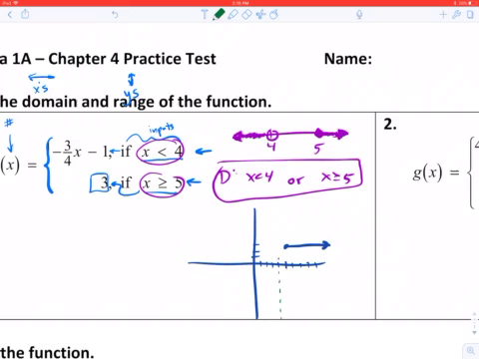Now I kind of have this barrier at 4, where this equation, whether it's going up to that barrier, or down, or it was straight across, it would stop right at the 4. So no matter what these are, they would be open circles.